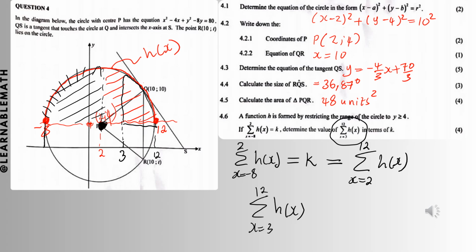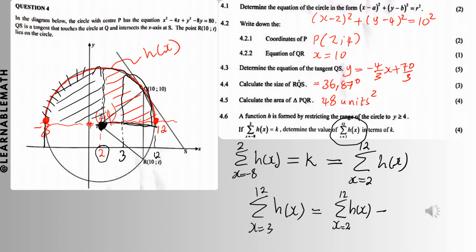Can you see? So we can argue that for the sum from x equals 3 up until 12, we can take the total portion, the other half, the right, from 2 to 12, the sum from x equals 2 up until we reach 12 of h of x. That is, I'm taking the other half in red and I remove the part from 2 to 3 basically.